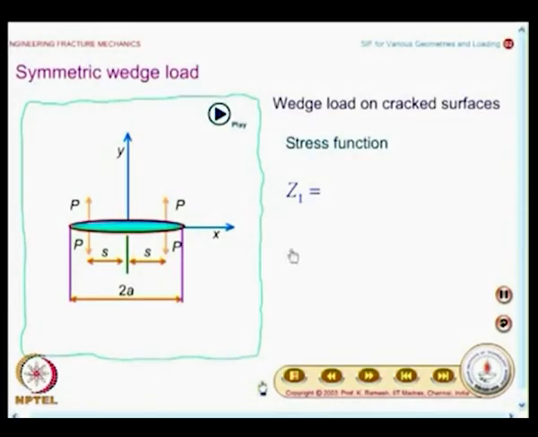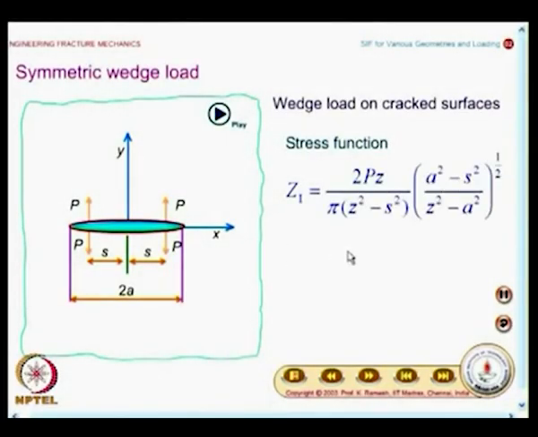What is the load applied, what is the geometry, so on and so forth. And the stress function takes the form like this: Z1 equal to 2pz divided by pi of z squared minus s squared multiplied by a squared minus s squared divided by z squared minus a squared whole power half.